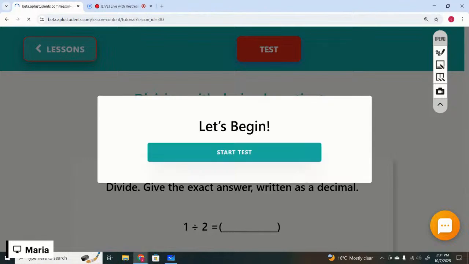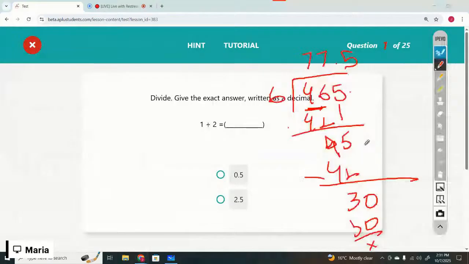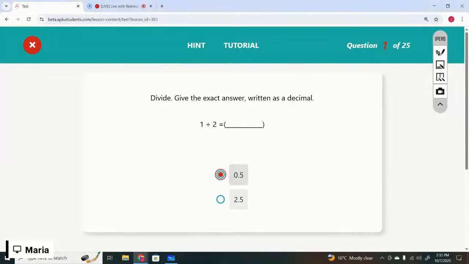I'm going to start with the test questions so we can do more questions. 1 divided by 2. You cannot divide 1 like this. So you need to add a decimal point over here and a 0 over here. Now we can go for 2 times 5 is 10. So the correct option is 0.5. Option number 1 is the correct option. 0.5 it is.